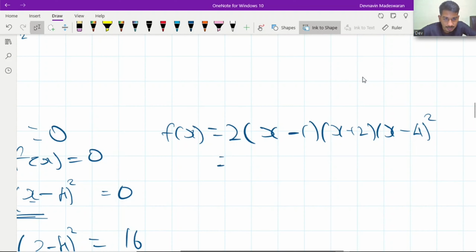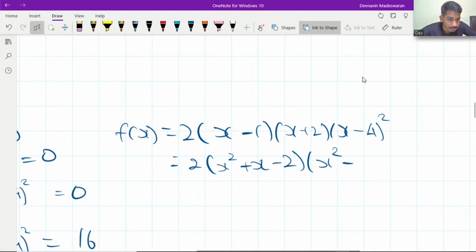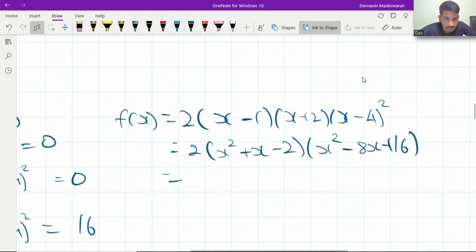Let's expand this out. x square minus x and plus 2x, so it's going to be plus x, then minus 2. This is going to be x square minus 8x plus 16.